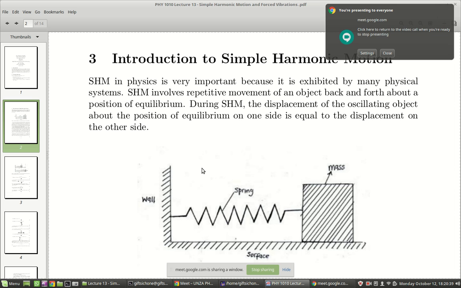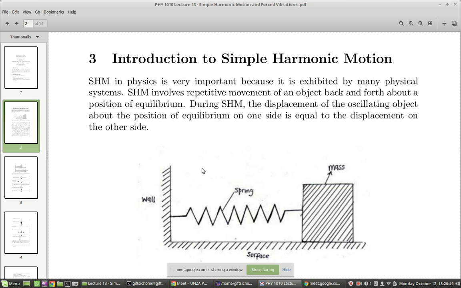For example, if you leave the mass and the spring to their own selves, the spring is going to push the mass to a point where it's comfortable. Everybody is comfortable with each other. If you try to squeeze the spring, it is going to be unhappy about what you're trying to do. So instead, the spring is going to push the mass.